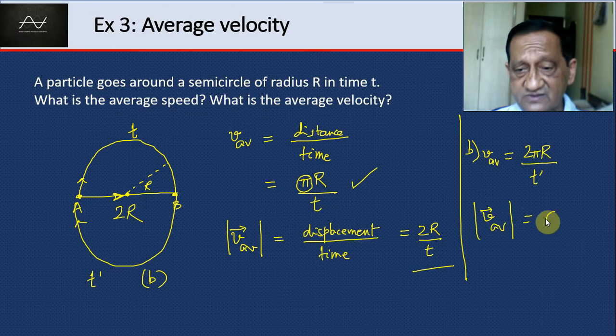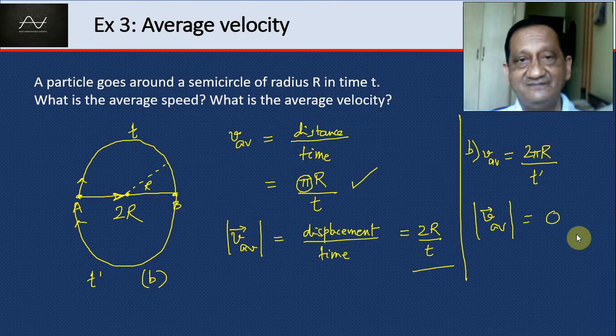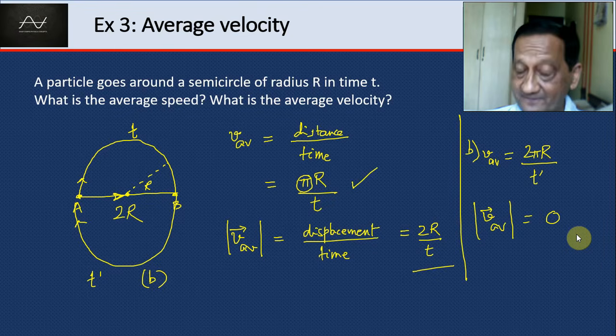That is zero, sir, because you came back to the same point. Your displacement is zero. And average velocity is total displacement upon total time. Your average velocity is zero. So average speed is always going to be greater than or equal to the average velocity in a particular time interval. This is about averages.